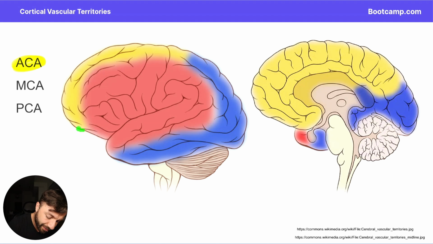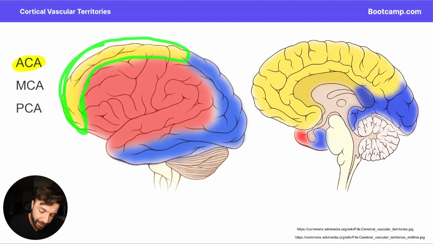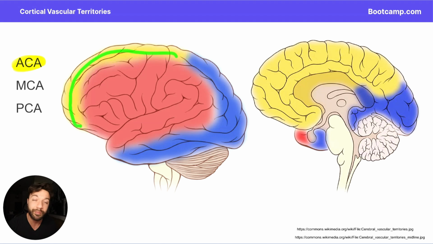So this thin strip along the medial aspect of the cerebral cortex is going to be supplied by the anterior cerebral artery. The anterior cerebral artery comes up and then wraps around.